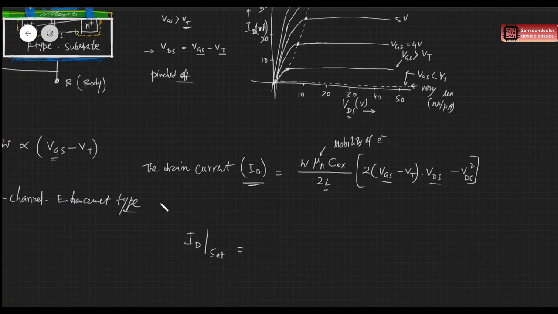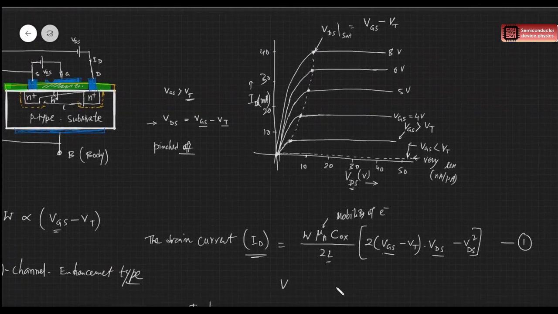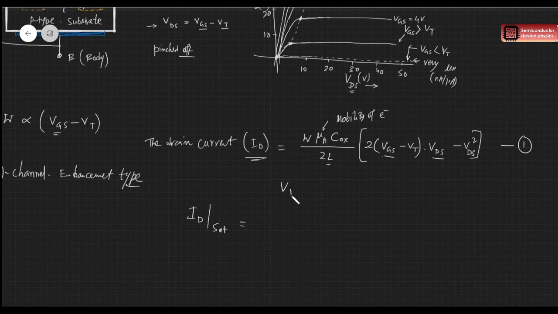So we can easily calculate the ID saturation. Let's say this is equation number 1, and we know at the saturation point VDS becomes VGS minus VT, right? So this is equation 2.